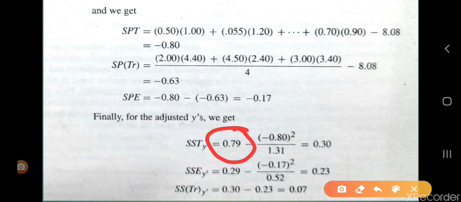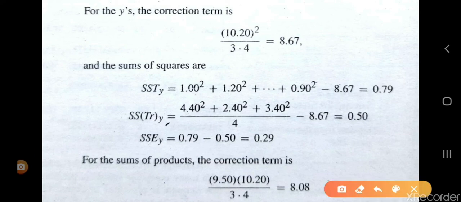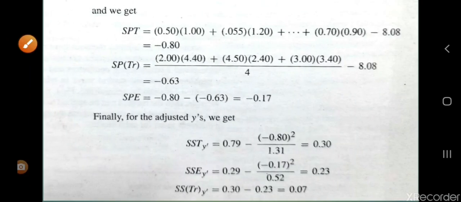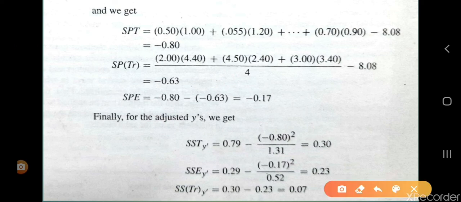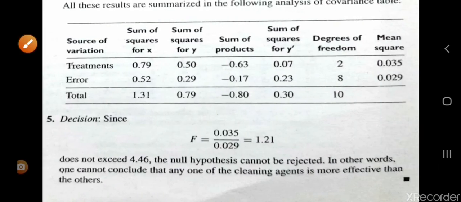This is product sum of square. So you can use the formula. This is directly formula based, so you can calculate these values and put them on the table.